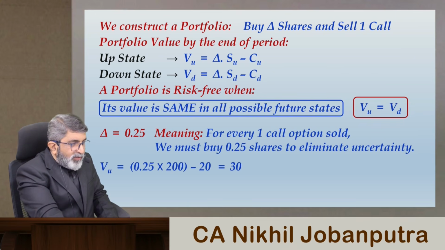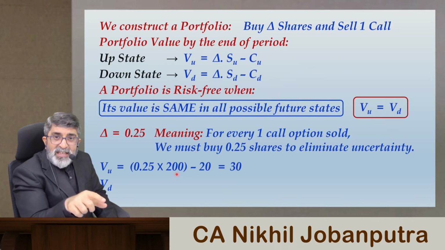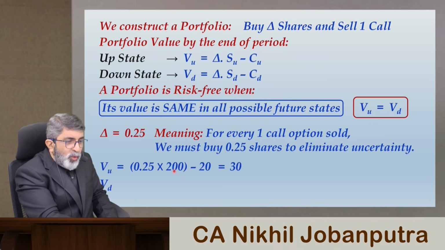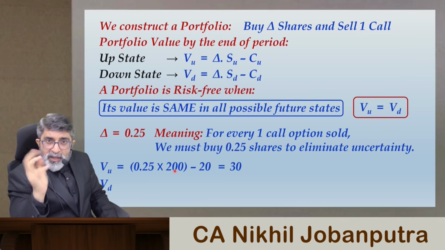So if VU should be equal to VD, we must compute VD and check whether it is equal or not. So what is VD? It will be 0.25 into the price of the share when the price goes down, that is SD. So 0.25 into SD. SD will be 120. 120 into 0.25 will give you $30, correct?